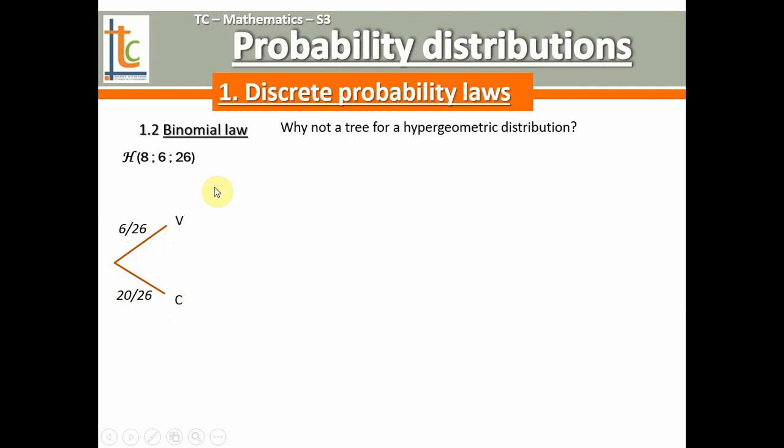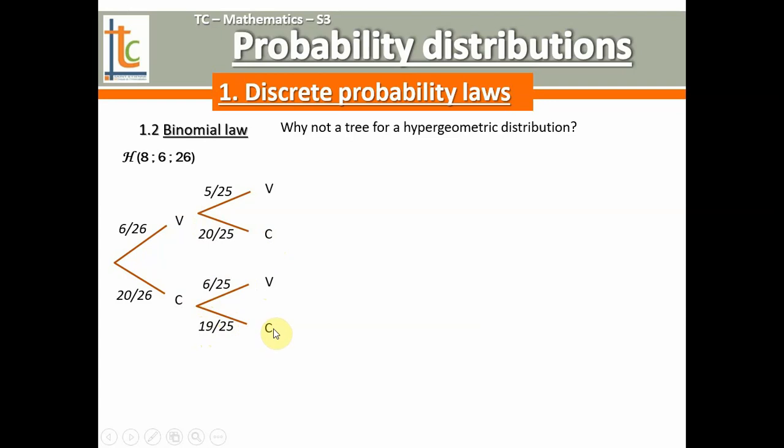But for the second take of a letter, or the second draw, you could say, if you got a vowel at first, you only have 5 chances over 25 to get a second vowel, and 20 over 25 to get a consonant. But if you took a consonant at first, you've got 6 chances over 25 to take a vowel and 19 over 25 to take another consonant.